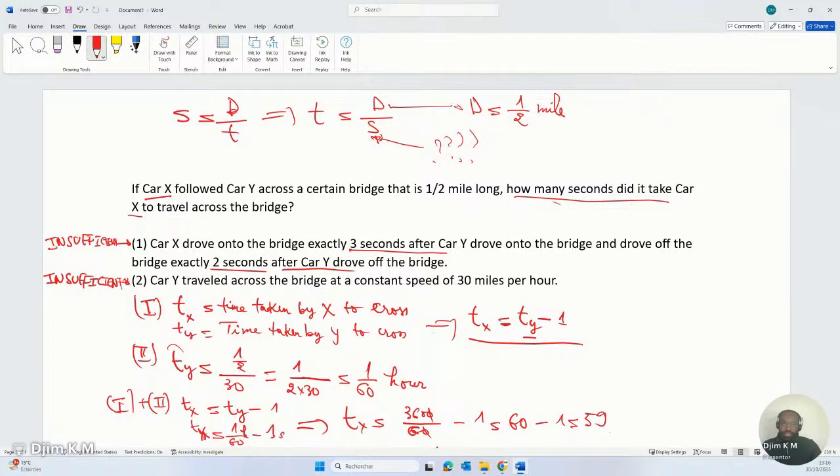Okay, so 59 seconds is how many seconds it took car X to travel across the bridge. So the two conditions taken together are sufficient. So answer C.